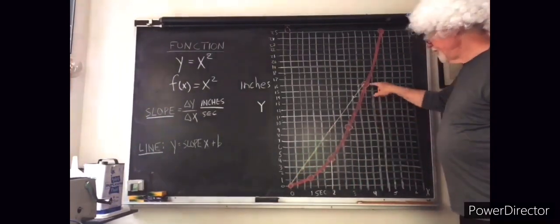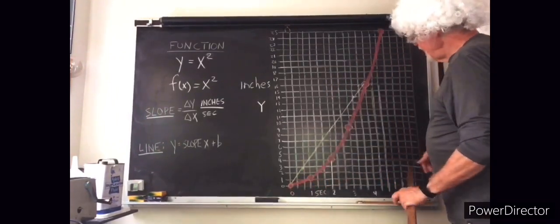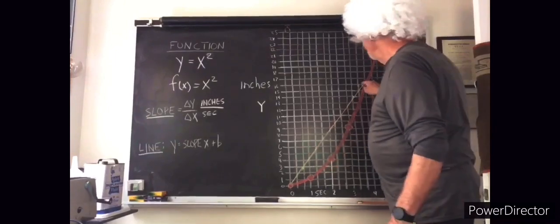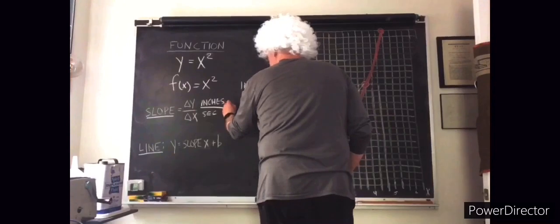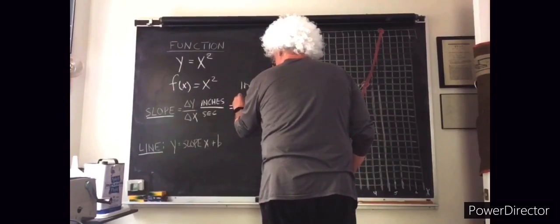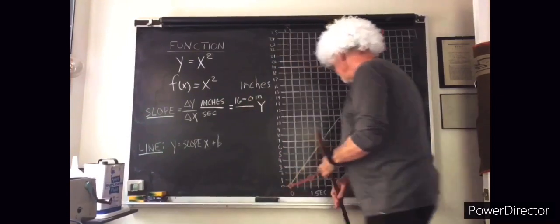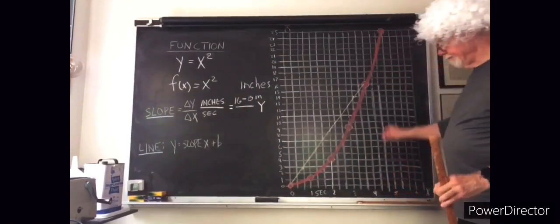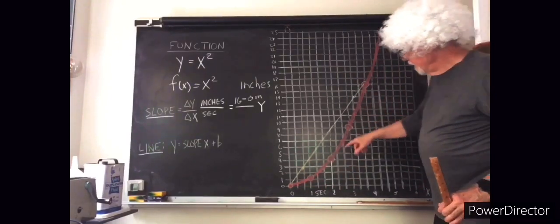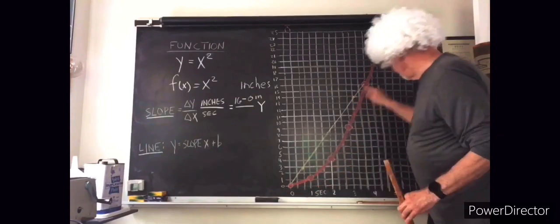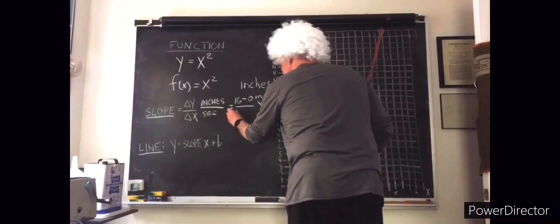Okay, if we take the slope of this line, our change in y is 16 minus 0, and that's in inches. And our change in x is 4 seconds.